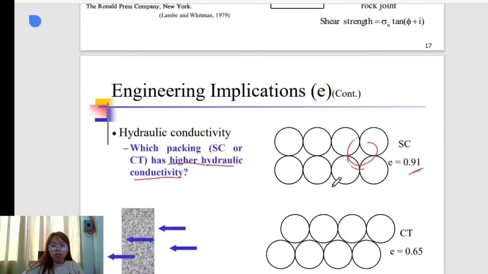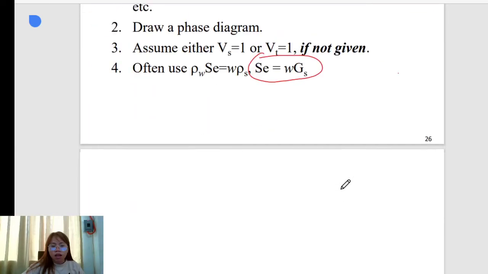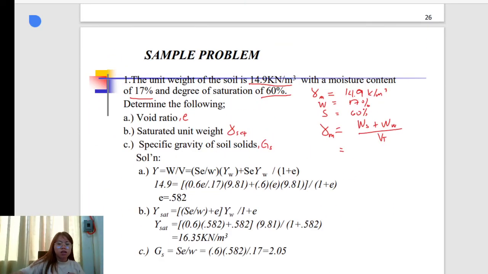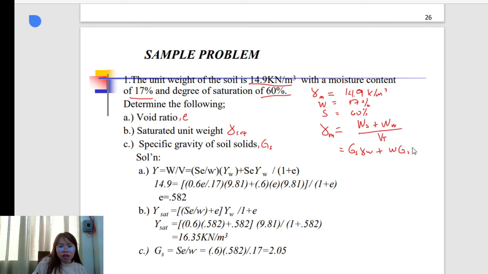So this example can be expressed as specific gravity times unit weight of water plus moisture content times specific gravity times unit weight of water, divided by the total volume.